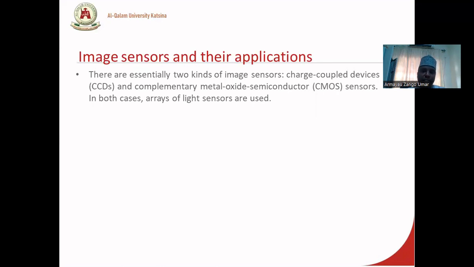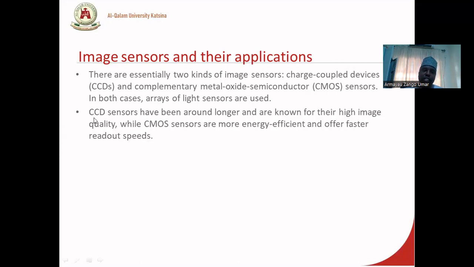But in both cases, they use arrays of light sensors. That's why if we are programming image manipulation, you realize you are dealing with arrays of pixels. And even if you are scaling an image, you are mostly sampling those pixels that are mostly representation of light.